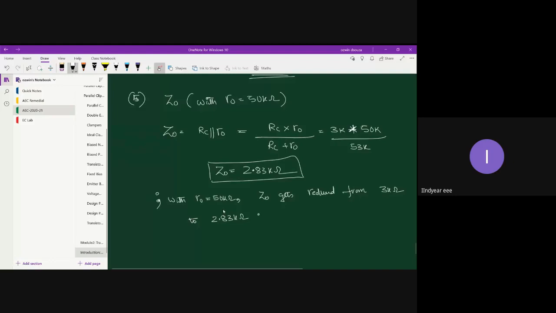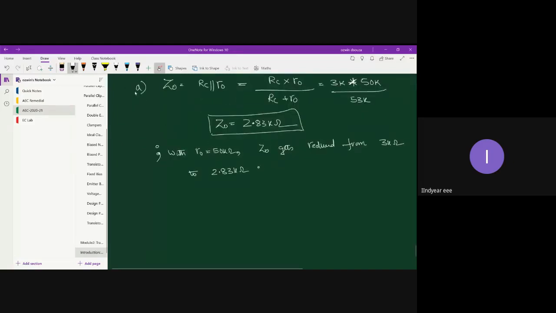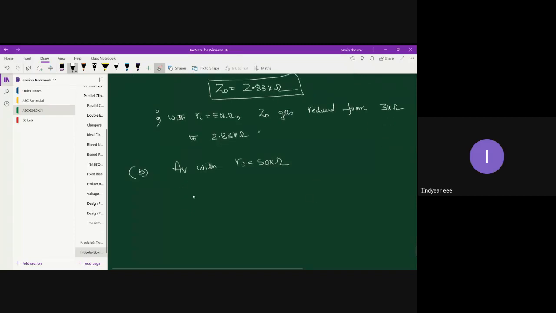Okay, let's see. So this is part A of the fifth, and this is part B: AV with R0 equal to 50 kilo ohm. Let's see how much voltage gain you'll get. Voltage gain AV is basically minus RC parallel with R0, divided by RE.